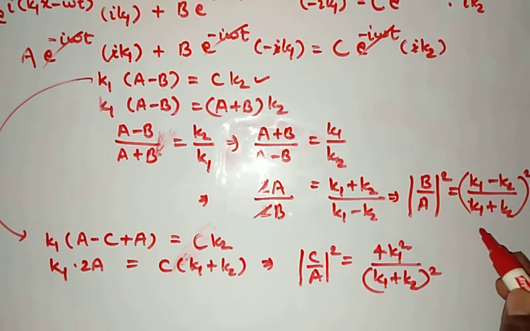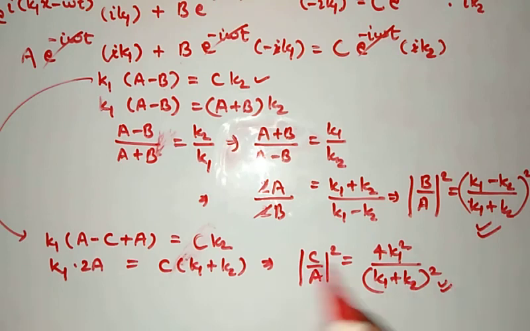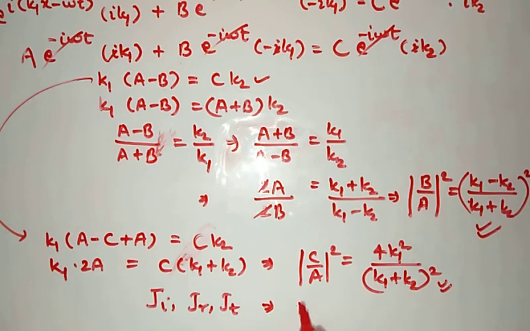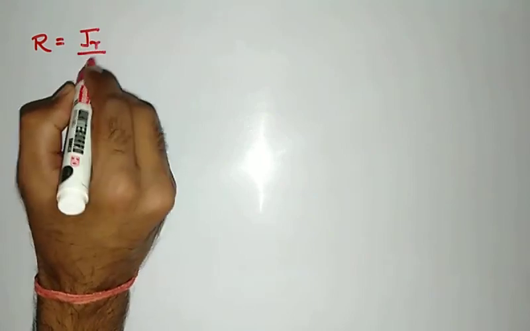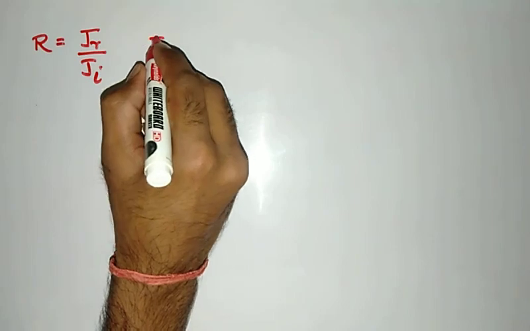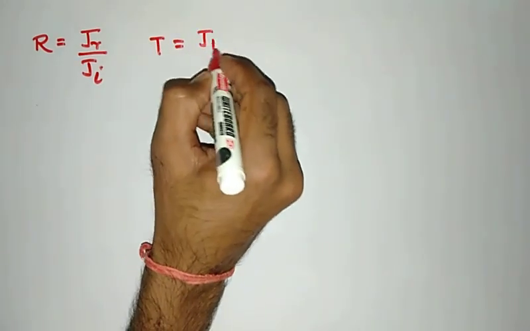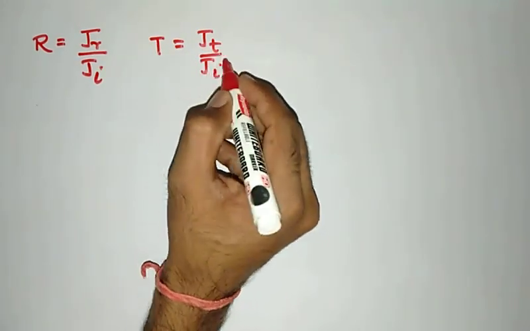Now using this relation and what we have found, JI, JR and JT, we are now going to find R and T. Now we have to calculate R, which is JR by JI, and T, this is JT upon JI.